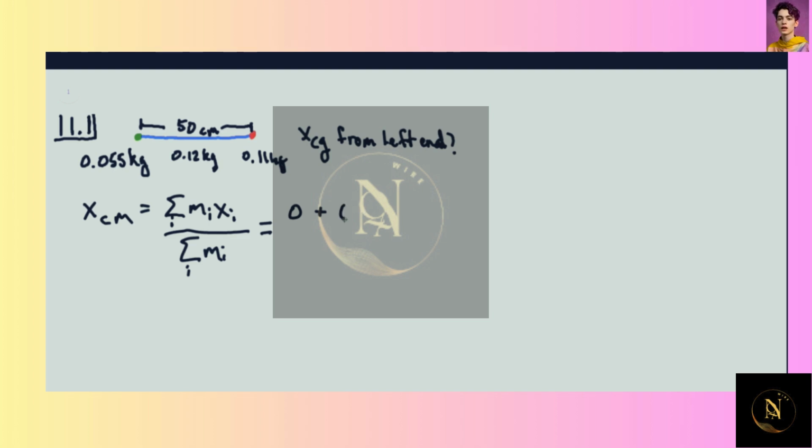And then we have our 0.120 kilograms of the bar times the 25 centimeters it is away from the left end, and then our 0.11 kilograms of the red mass here times half a meter away it is.